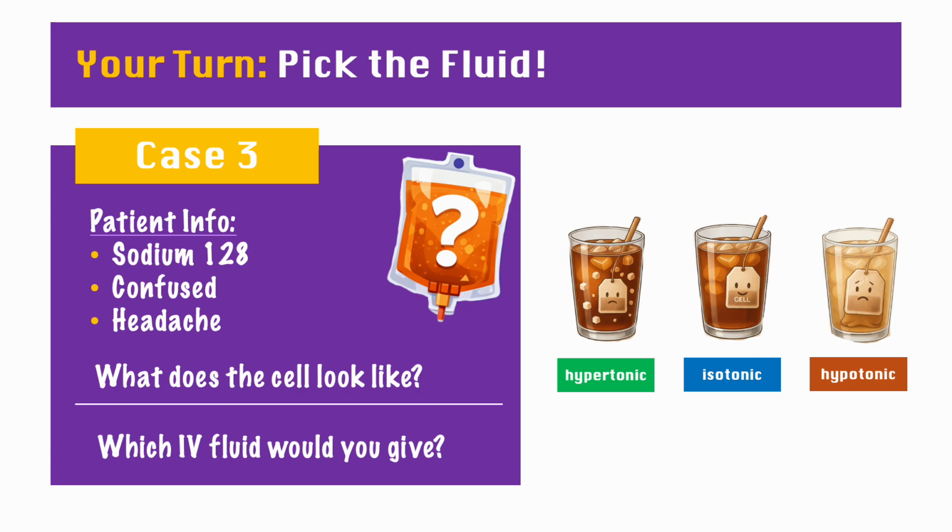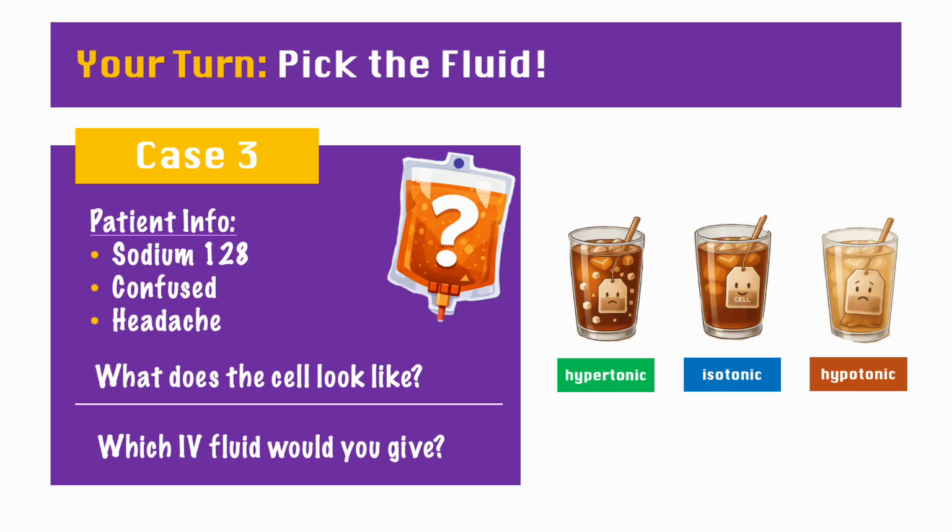There's not much sugar, so water's probably going to be moving into the cell. Those cells are probably big. It's full of water and not sodium. Sodium's on the outside. We're confused. The patient has a headache, maybe even some cerebral edema. So if you said that cell's probably looking swollen or swelled up, you're correct.